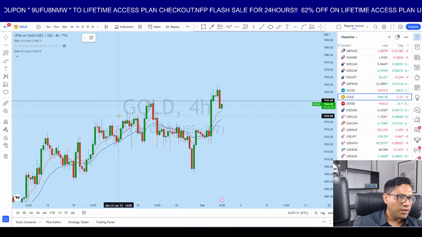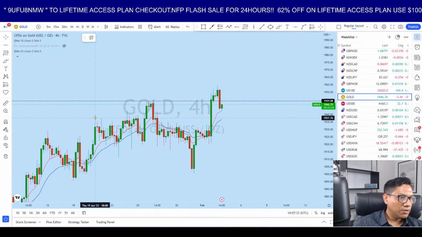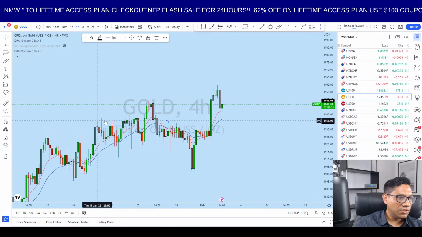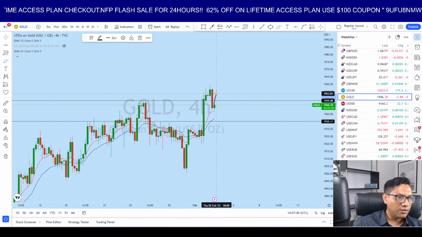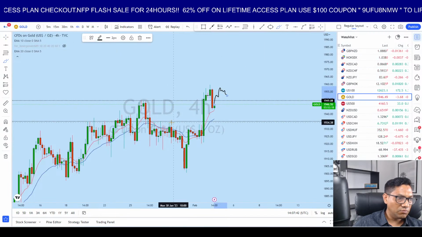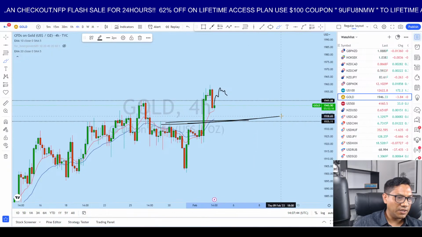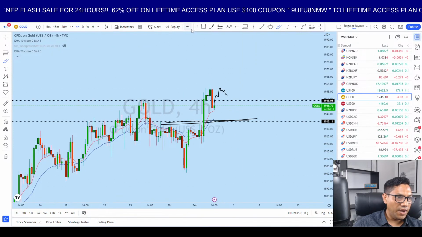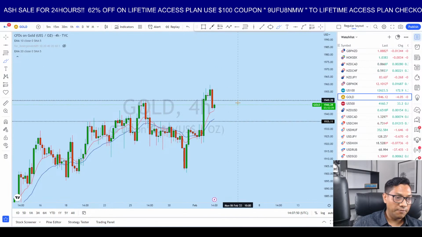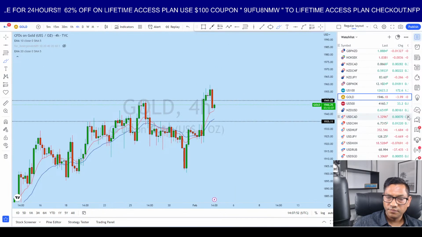With that in mind, this is the resistance here, which is turning support with this 20 EMA. And I think that if the price reverses, we might not even see it respecting this level. Instead, we might see gold coming back down.